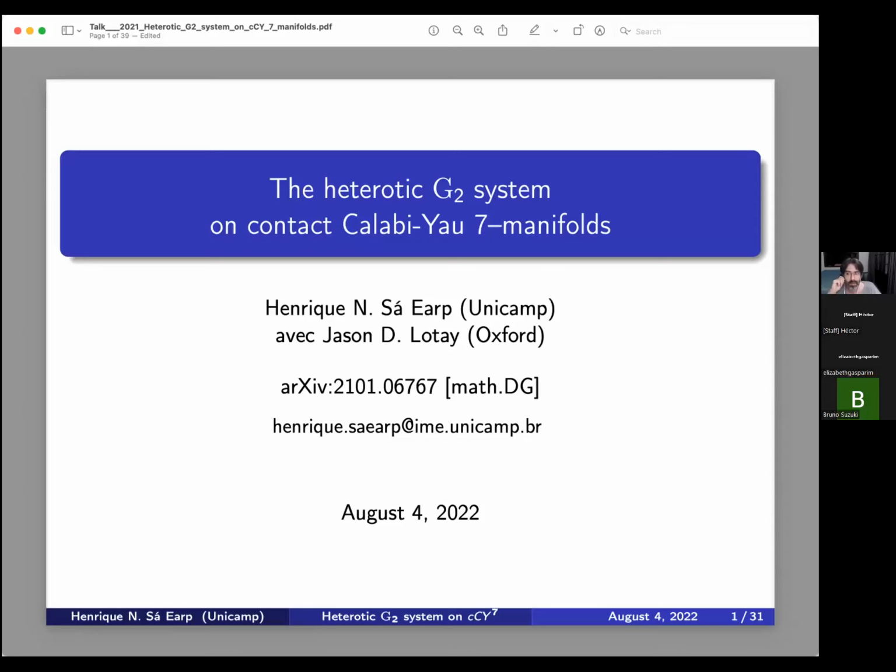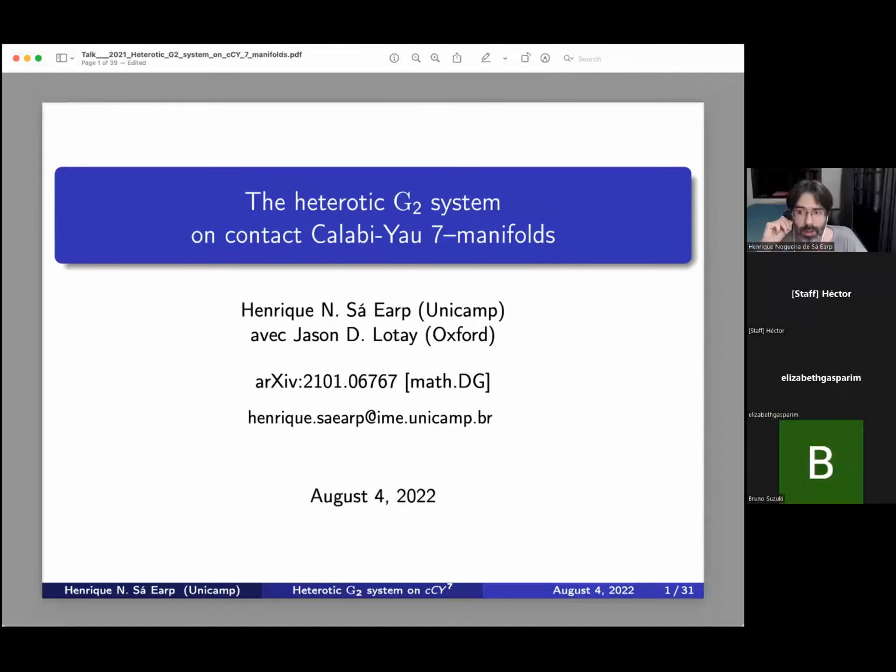In any event, the talk is about the heterotic G2 system, which is a topic of interest to theoretical physicists at this interface between geometry of 6 and 7 dimensional spaces and models for string theory.